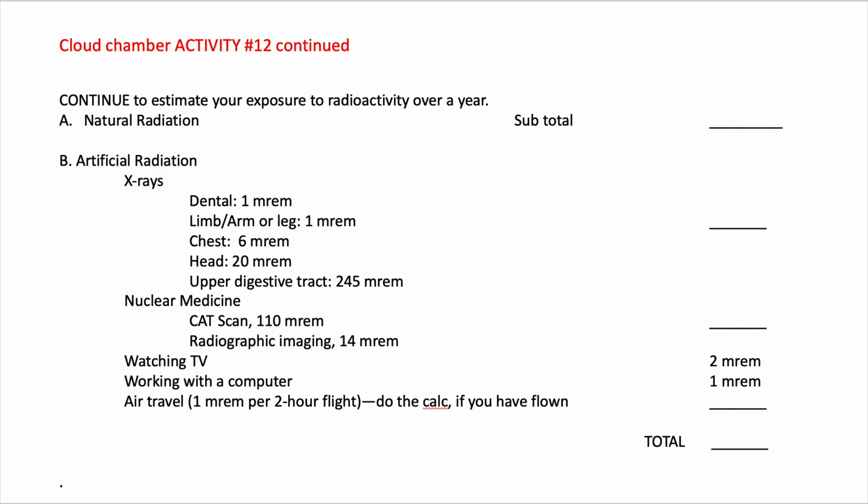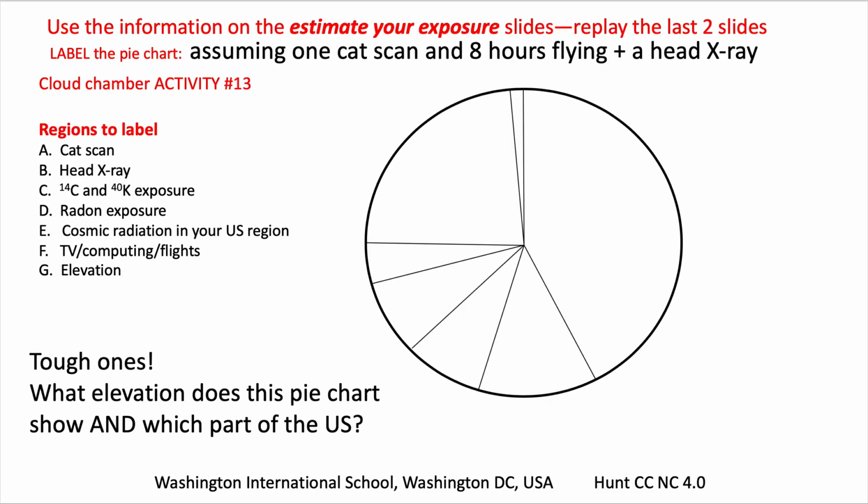And then you might have to come back, scroll backwards, because it's asking you to fill in the sort of percentage areas on a pie chart, how they vary for each of those regions A through G, and what elevation does the pie chart show?